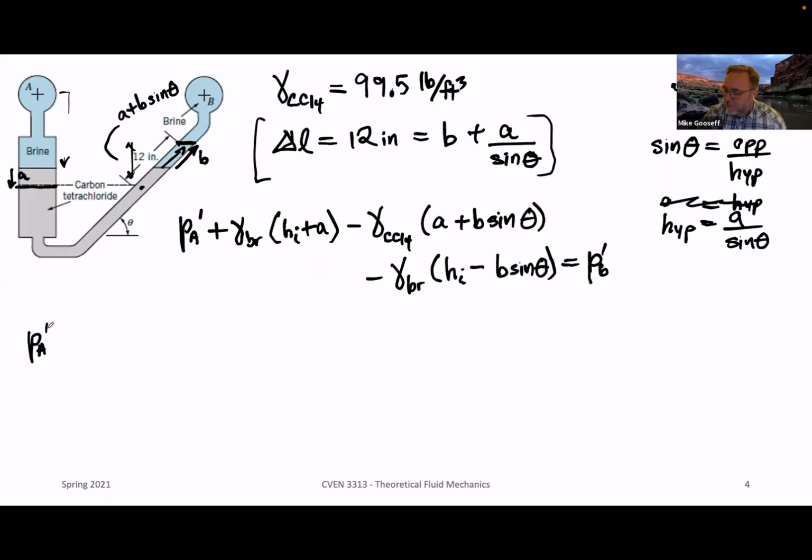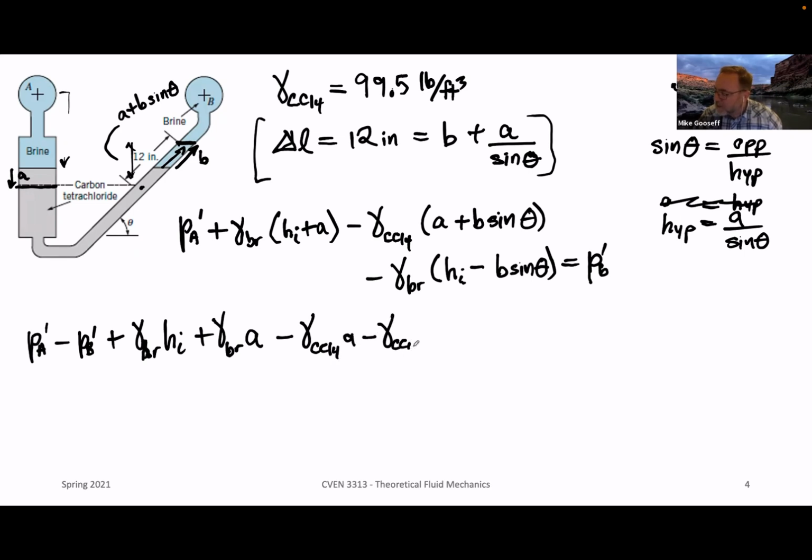So PA prime minus PB prime, I'm going to keep those on the left-hand side, is plus, I'm going to multiply this out, gamma BR, that's supposed to be a B, boy, that looks terrible. Okay, gamma BR times H sub I plus gamma BR times A minus gamma CCl4 A minus gamma CCl4 times B times the sine of theta.